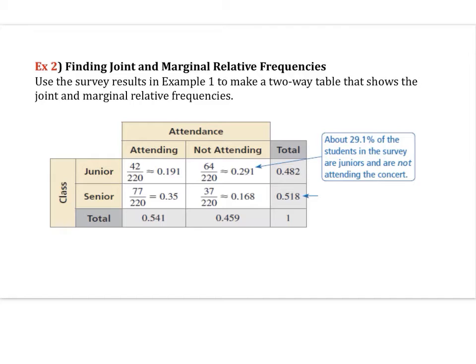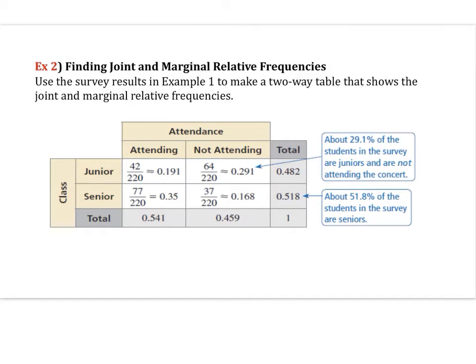So we can interpret this information as, for example, in this not attending junior column, we have about 29.1% of the students in the survey are juniors and are not attending the concert. We could interpret this decimal 518 as it's about 51.8% of the students in the survey who are seniors.